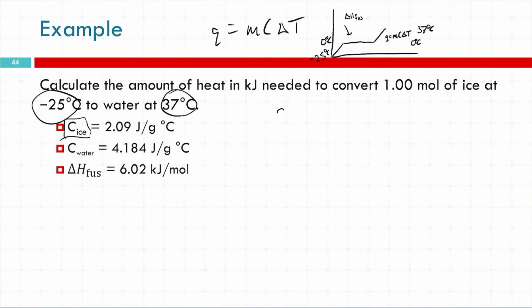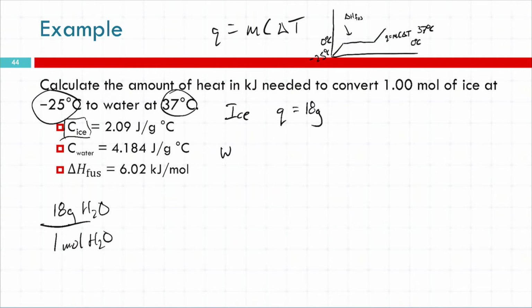We're calculating Q equals m c delta T. We have 1 mole of ice, and we need to convert that 1 mole to grams. 18 grams is 1 mole of H2O, so if we have 1 mole, we have 18 grams. So I'm going to put 18 grams here, and this is going to be ice.